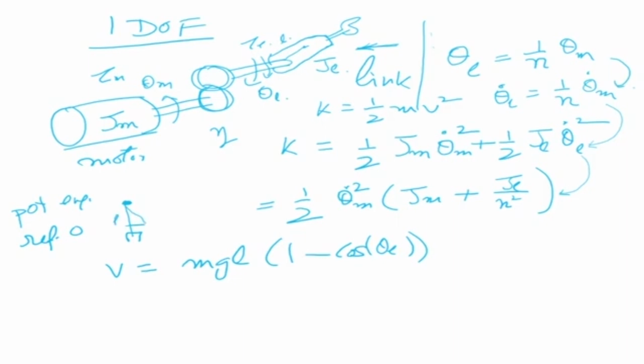It has gone up by L minus L cos theta. Okay, this is my theta, and that is L. So it has gone up like this. How much is that? L minus L cos theta. Okay, so this is essentially because I'm taking my reference to be here.